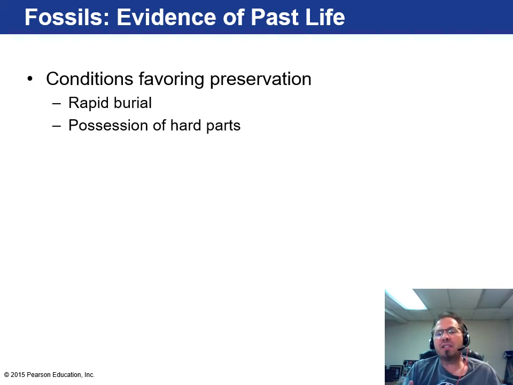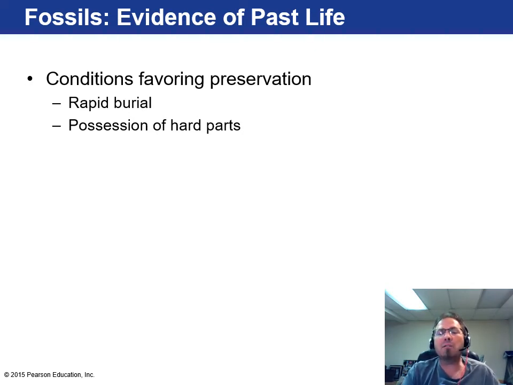Now, the conditions that favor fossilization require that it be buried rapidly. And then they have to have hard parts. So let's say we'll use a snail, right? If a snail is down in the sand and all of a sudden something whooshes over it really quickly and buries it fast, and then it just keeps getting buried, the snail got buried quickly, which will make it better for fossilization.